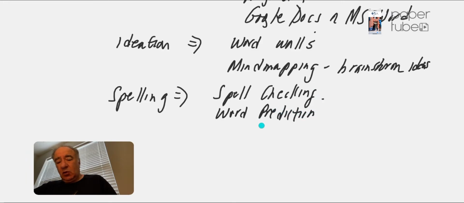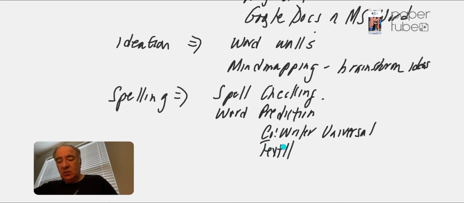Two popular word prediction applications are Co-Writer Universal, as well as Text Help, which has it built into Read and Write.